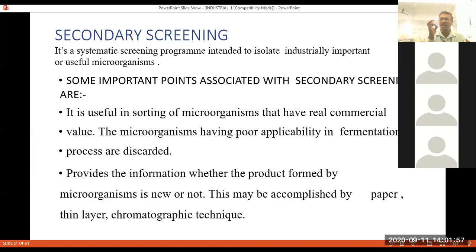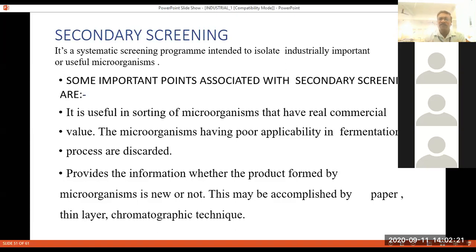It is a systematic screening program which is intended to isolate industrially important or useful microorganisms. I am using the word microorganism; it includes bacteria, it includes algae and whatever.